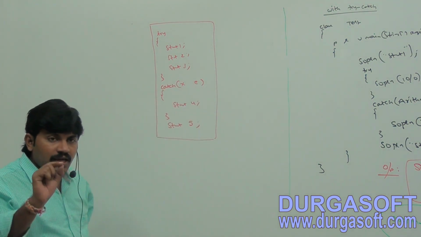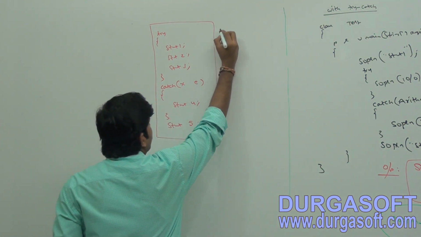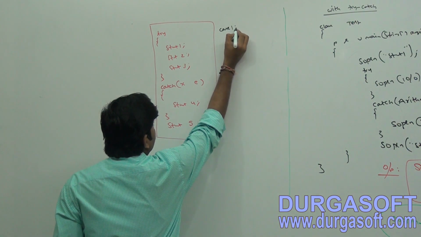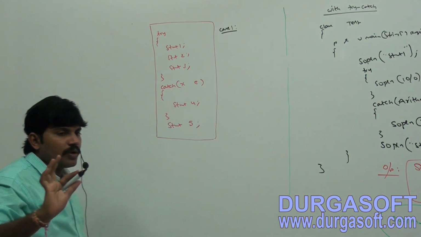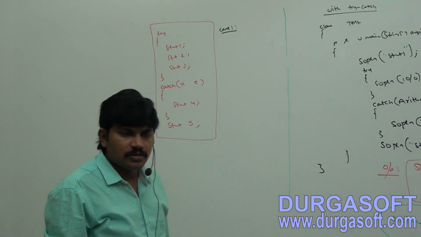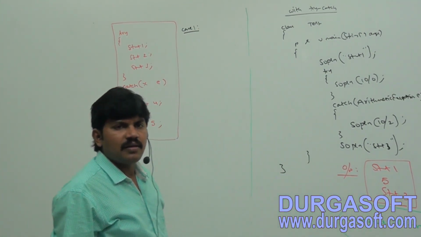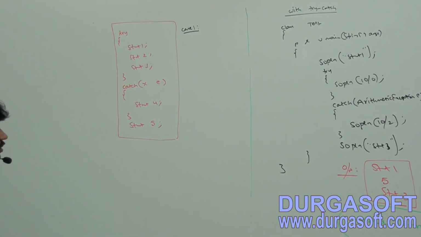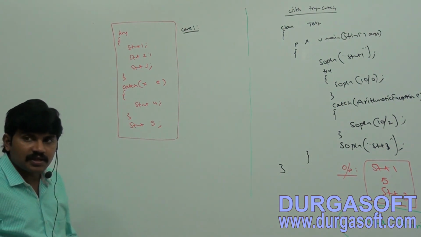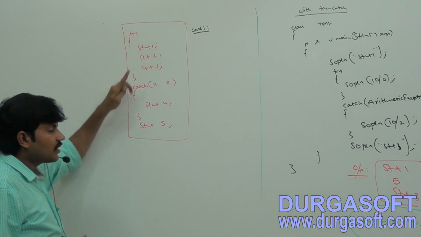Okay, now case 1: if there is no exception. Can you tell, if there is no exception, in which order the statements will be executed? 1, 2, 3, and then 5.